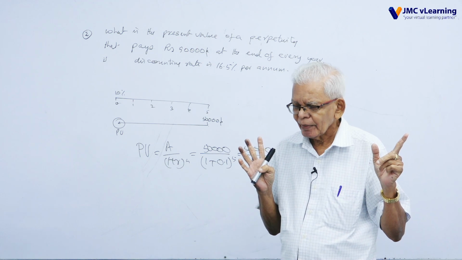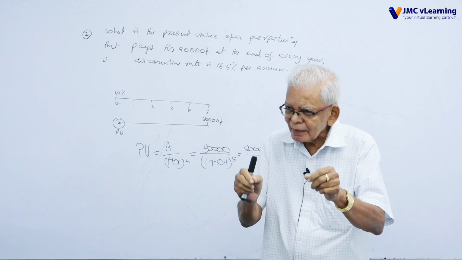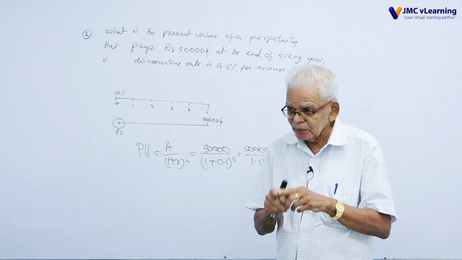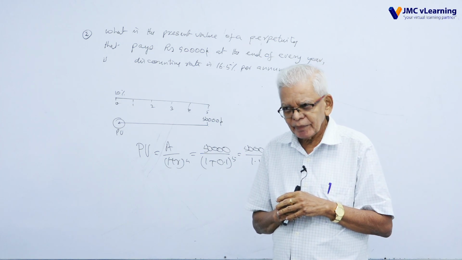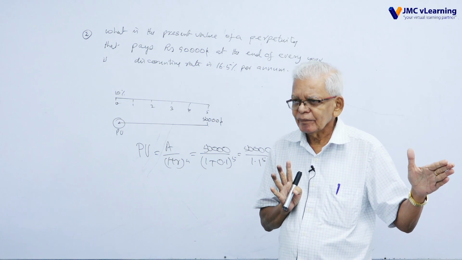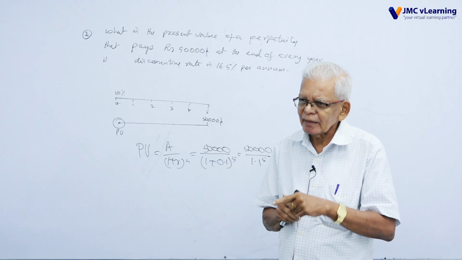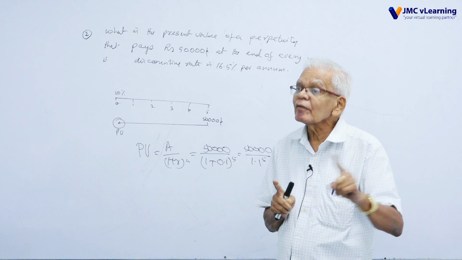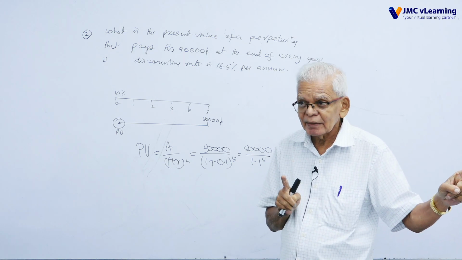The practical application is the sinking fund, where we use the future value of an ordinary annuity. Then the present value of an annuity we did only at the end of every year.